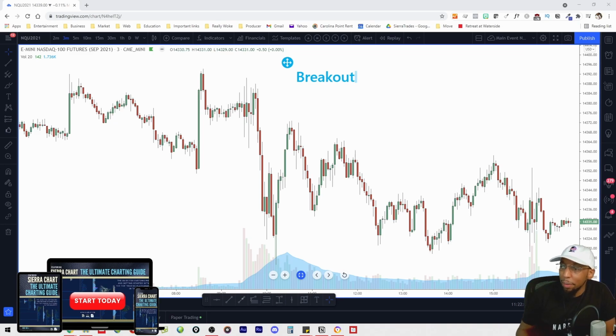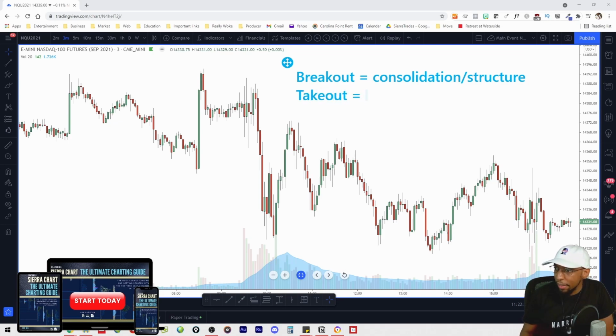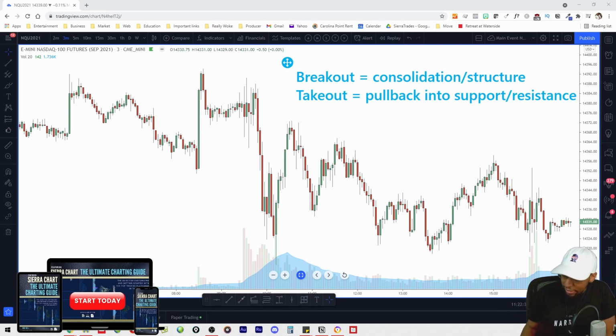All right, so for the breakout, what we're going to be looking for, of course, is consolidation and our structure. For the takeout method, what we're looking for is a pullback into support or resistance structure as well.